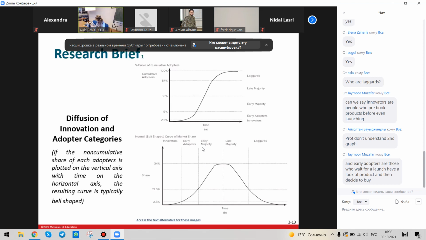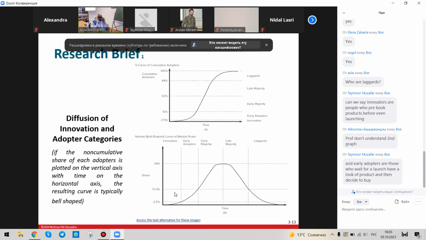Then we have the early majority and the late majority. In this case, we reach the so-called mass market. As you can see, with the shift from the early adopters to the early majority, we have the highest increase in this curve.